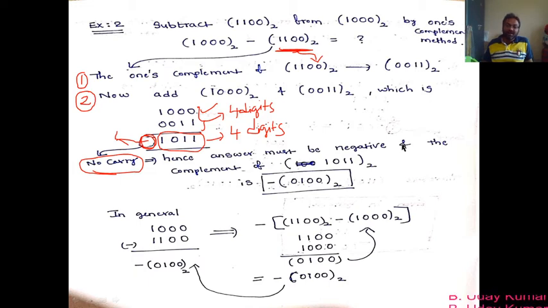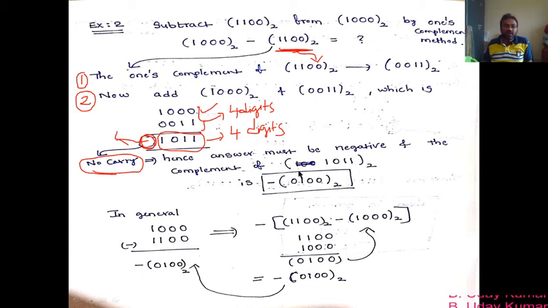And to find the answer, what you have to do is again write the one's complement of 1011. Is that clear? Earlier, whatever answer you got, you were adding it with this one, right? Earlier case in our previous example. But here, since the answer is negative, you have to write the one's complement of 1011.